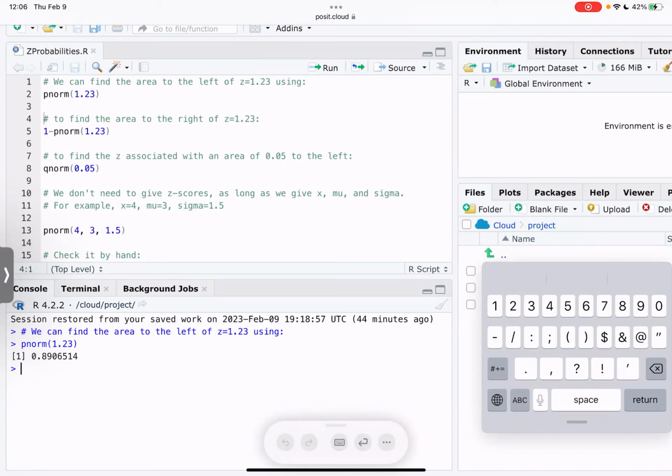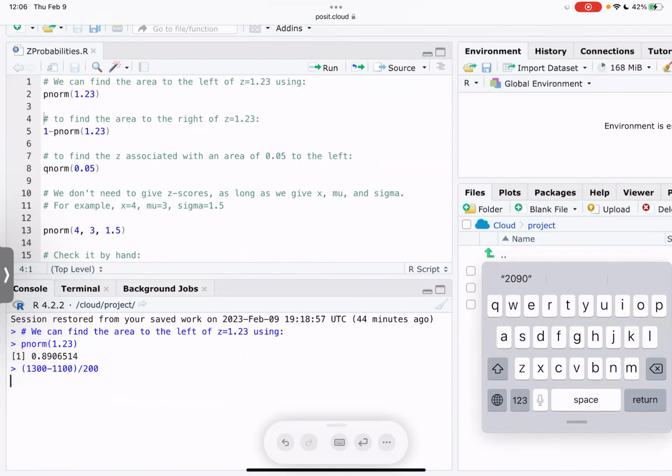If I did something like that calculation that we just did, 1300 minus 1100, divide that by 200. Oops, 209. It took a long time to get to 1.